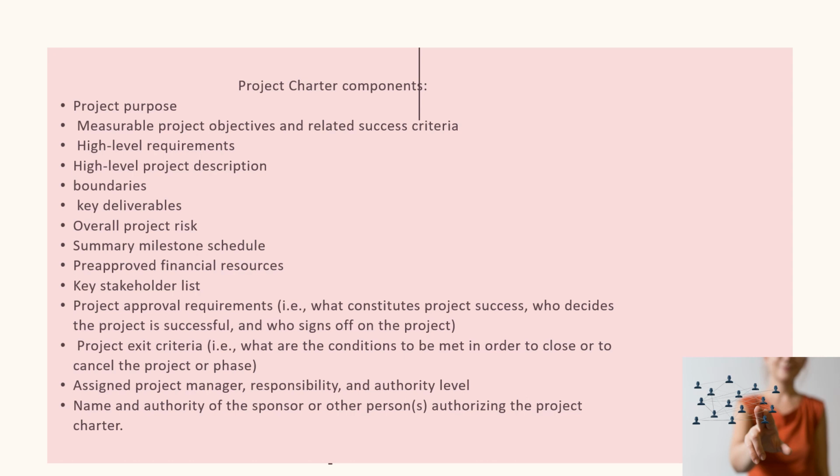So example would be what are the conditions to be met in order to close or to cancel the project or the phase. Then you have the assigned project manager. You write there who's your project manager, the responsibility and authority level. Sometimes you don't have to write the responsibility and authority level in a very simple project. And you also write there the name and authority of the sponsor or the other persons authorizing the project charter.